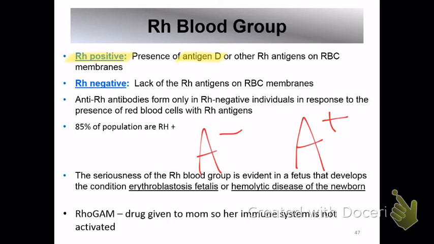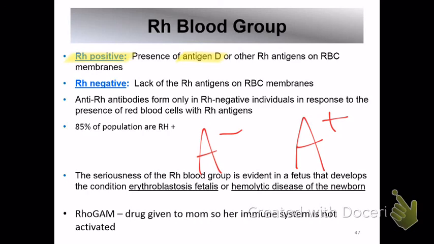Anti-Rh antibodies form only if you've gotten a positive. So if you have positive blood, then you can receive positive or negative blood, right? Because the absence of antigen D isn't going to start an immune response.